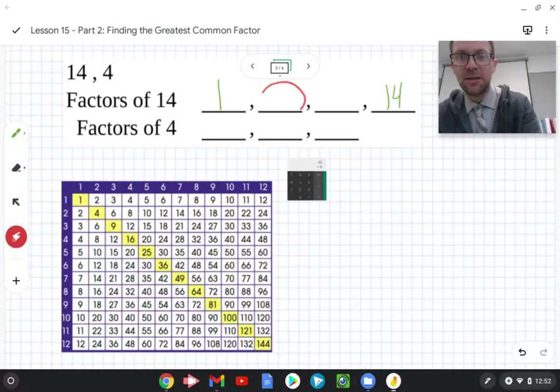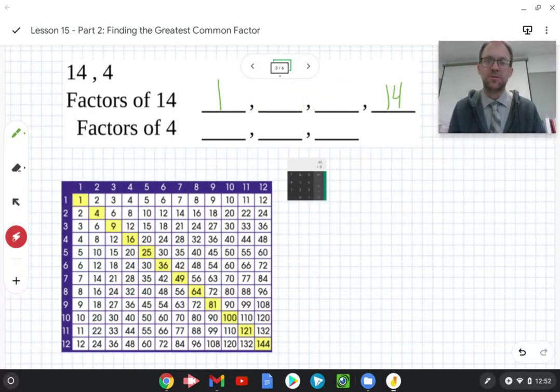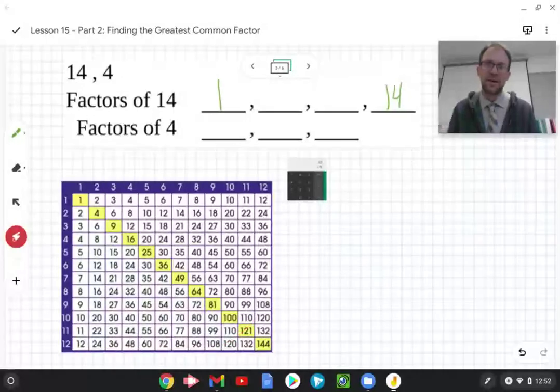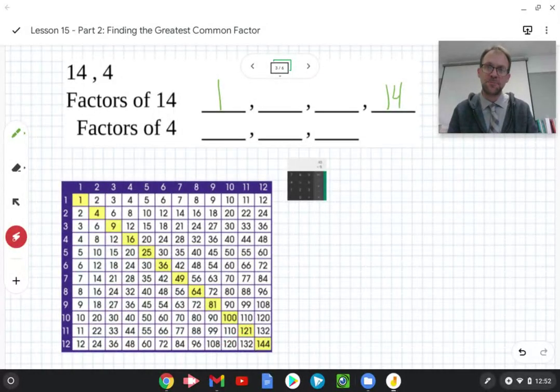But as we can tell from this work, there is 1 more pair that we can multiply to get 14. Now, I know that you know your math facts. You've been doing reflex for a ton of time. Just in case you don't happen to know a fact, we do have multiplication charts available today. But you know that 2 times 7 is 14.